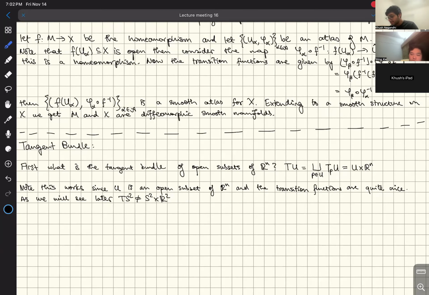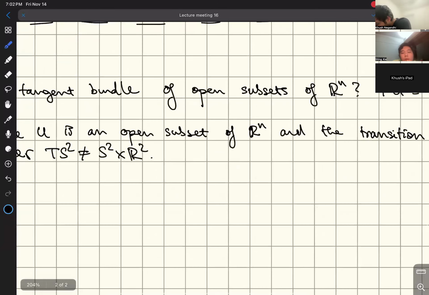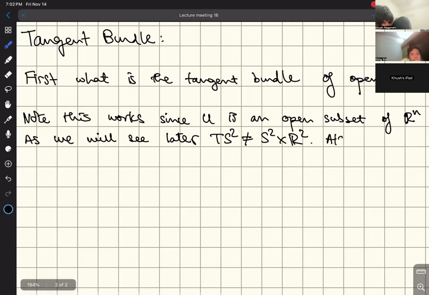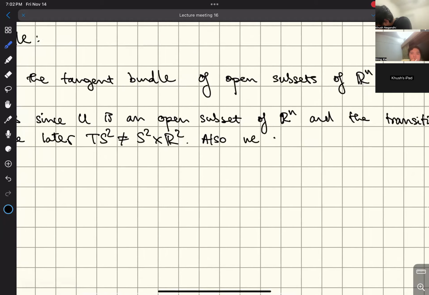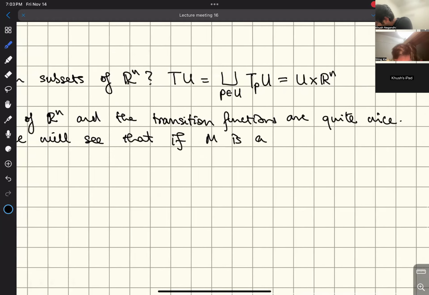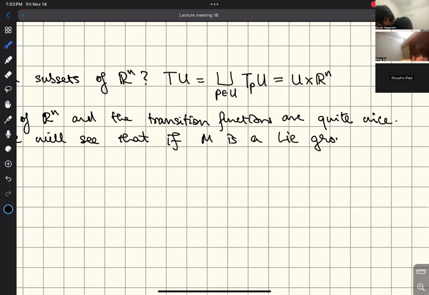Also we will see that if M is a Lie group, then TM is equal to M cross R^n. Wait, I guess you weren't there when we defined what a Lie group was, right? No, okay, I'll define that in just a second again.